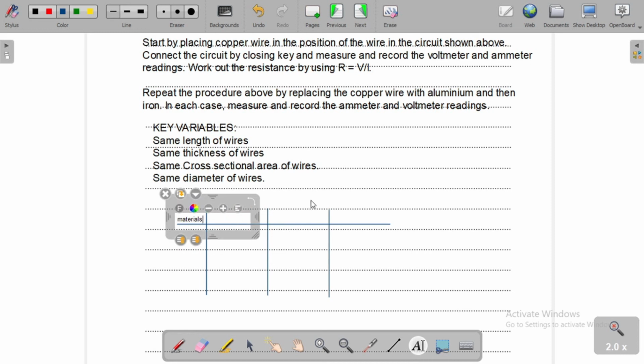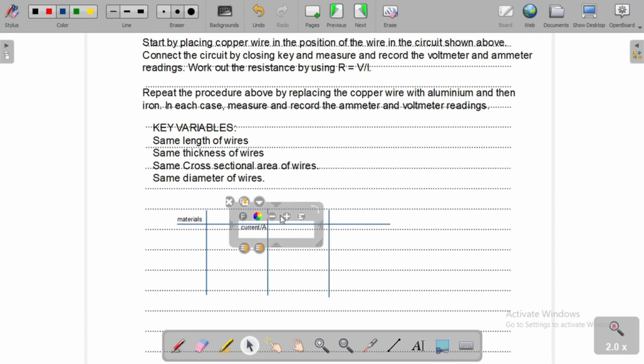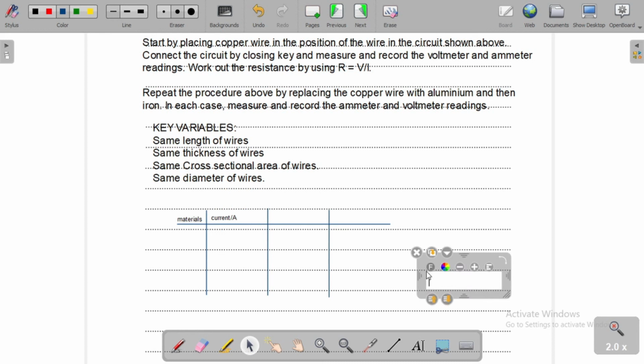Okay, let's see here. Current is measured in amperes. Or should I write current or should I make it I?